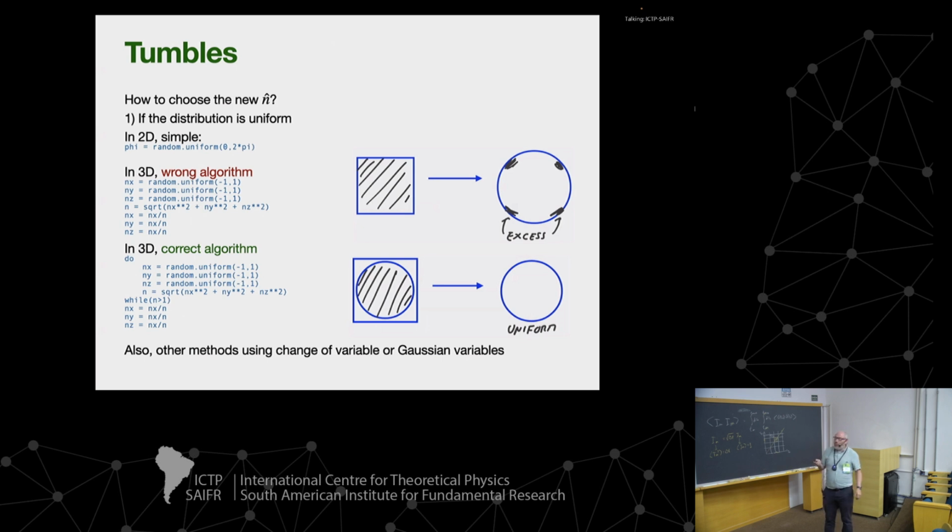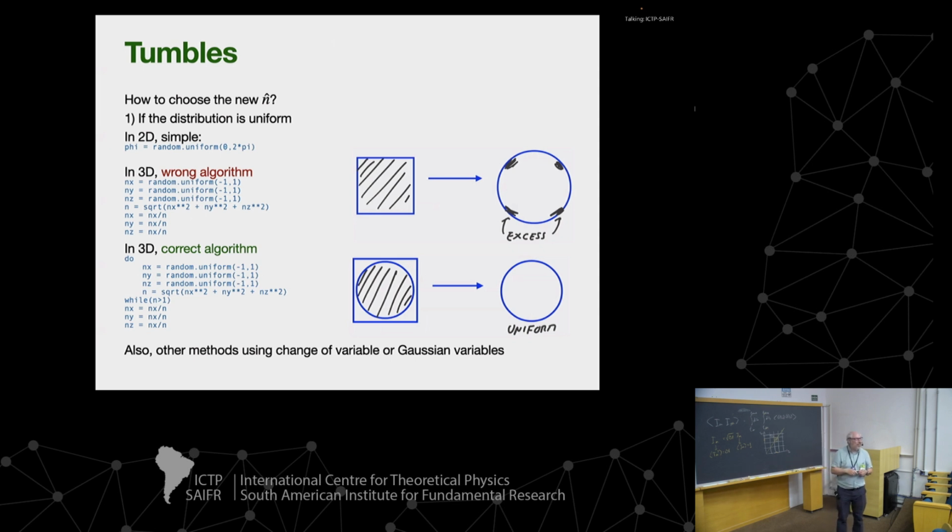A better way is to do the same, so you take 3 random numbers in the unit cube, between -1 and 1, you compute the norm, and then you reject and you do it again if the norm is larger than 1. That is, you reject all the corners, and you keep in the interior of the sphere. And now you scale, and you normalize.